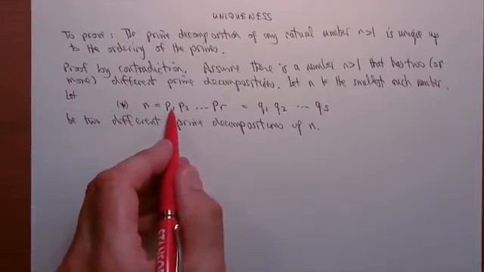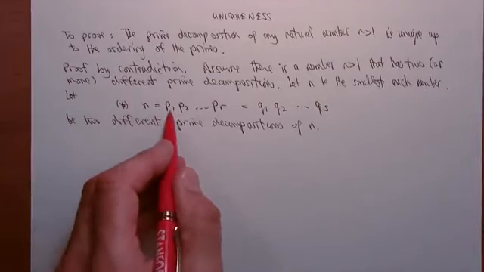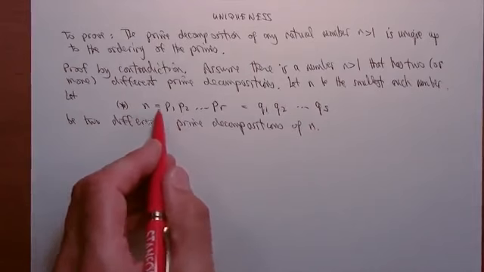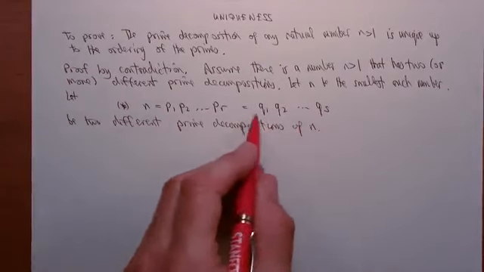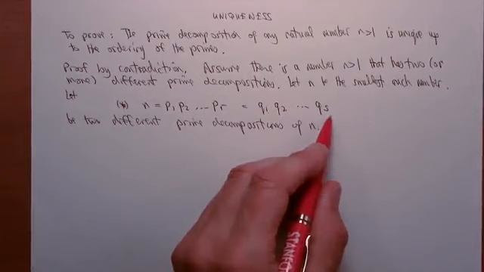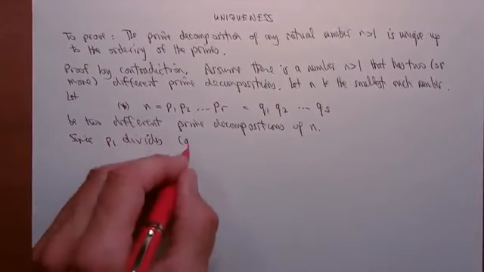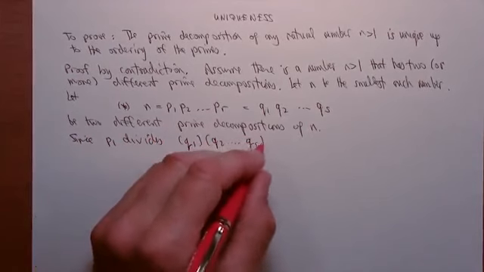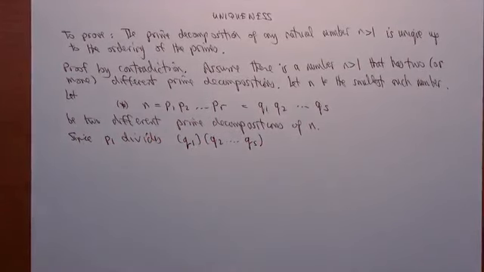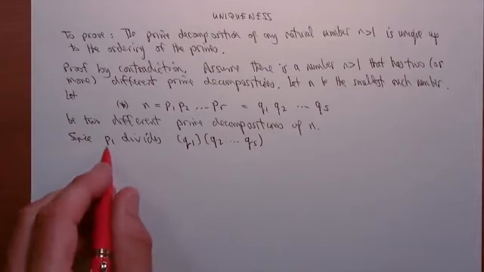Well, p1 is a prime factor of n, so p1 divides n, so p1 divides this product. Since p1 divides q1 times q2 through qs, and let me stop at this moment and see what I've done.